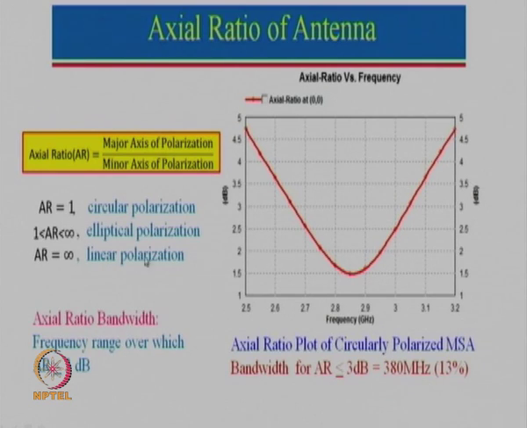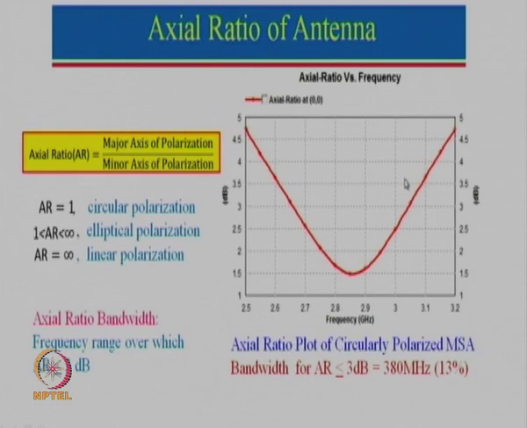But yet we define approximate circular polarization. This is the plot of axial ratio versus frequency. You can see this is axial ratio 1, 2, 3. If you draw a line over here, we can say that from this frequency up to this frequency axial ratio is less than 3 dB.